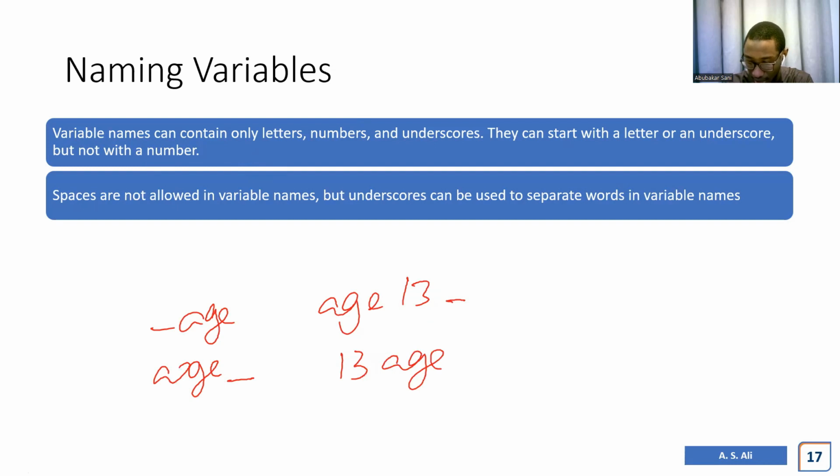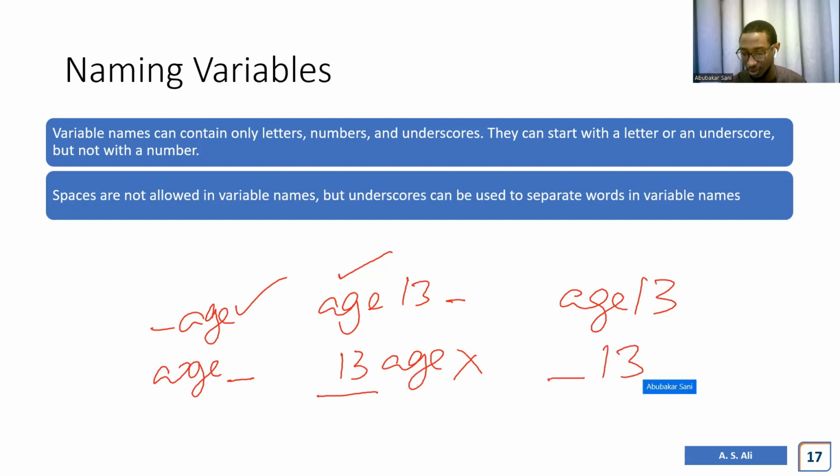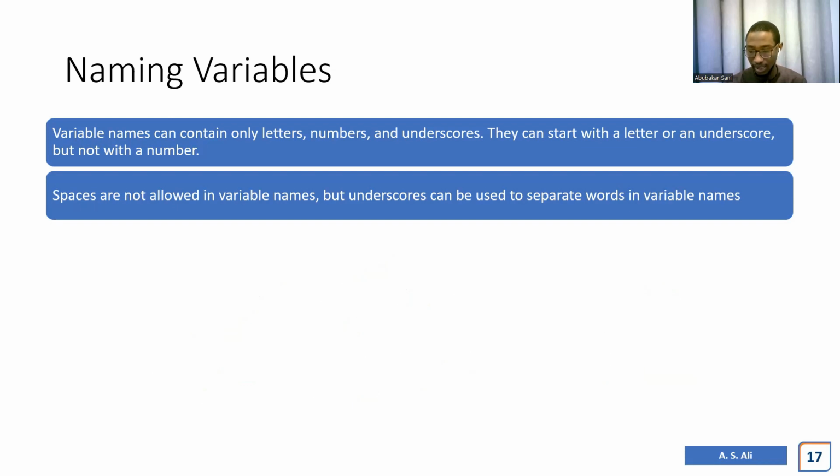If it starts with a number, you will have an error. So this is okay. Underscore can start, and alphabet can start, but a number can come last. You can put age13, for example. It's fine. Underscore13 is also fine. All right. So try to avoid using a number at the start. Ampersand and all those others are not allowed.